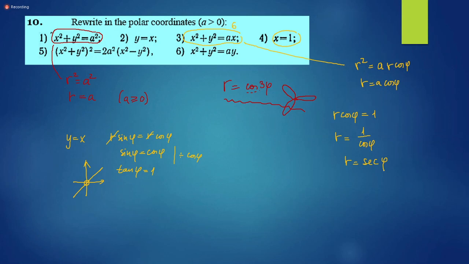The secant function, it seems, in some sense is connected to that vertical line. Number 6 would be very similar to this, only it would involve sine instead of cosine, because we would have a r sine phi. I'm not going to write this, but I would like to discuss number 5.